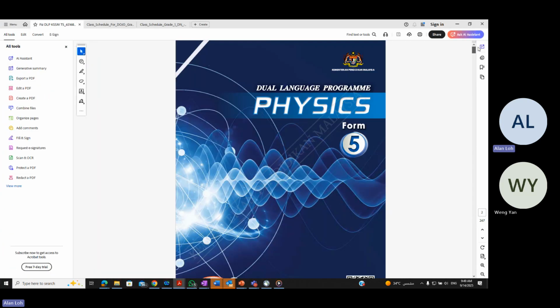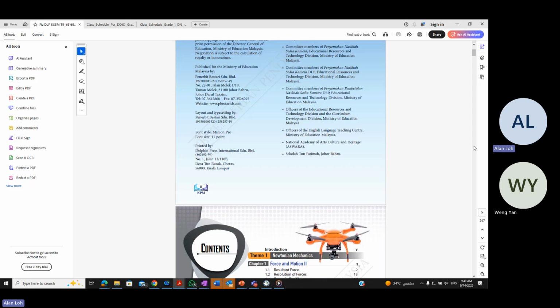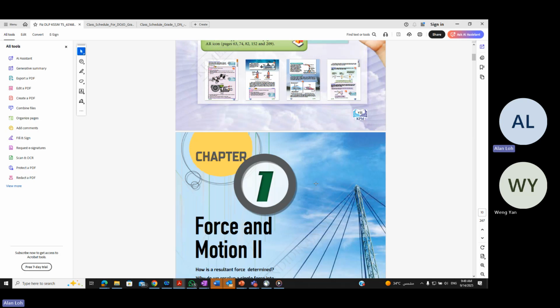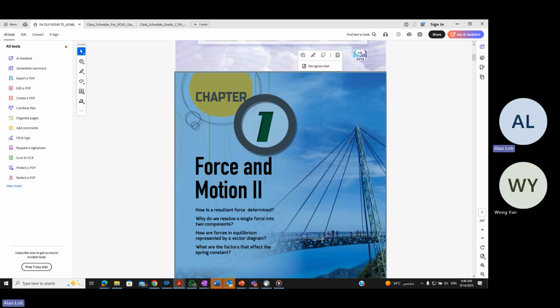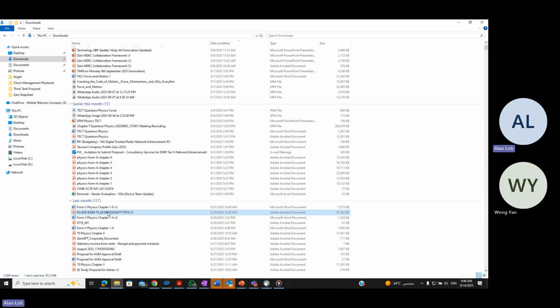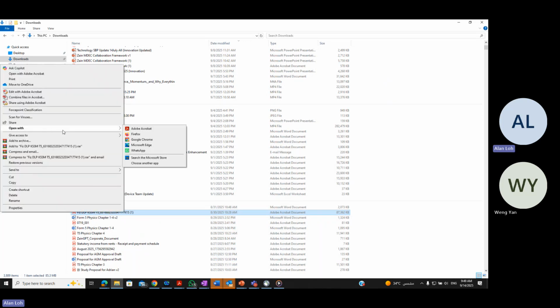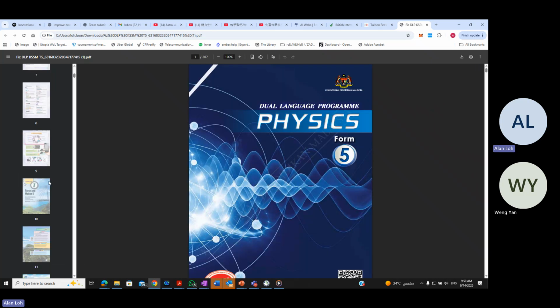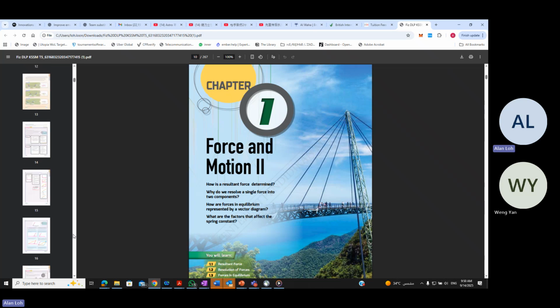Meanwhile, you can also see how I create it. So this is the entire textbook. Chapter 1 is, I remember it was page. I should not open it yet. Let me close this. Let me do it my way first. Open it in Chrome. I remember it was 47.